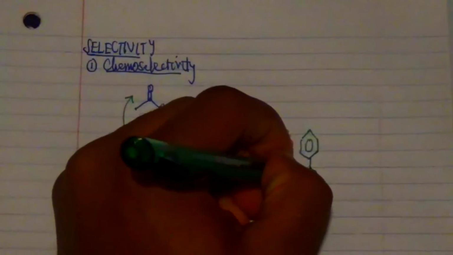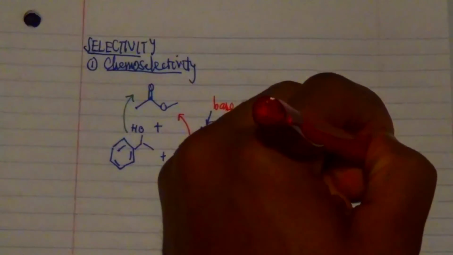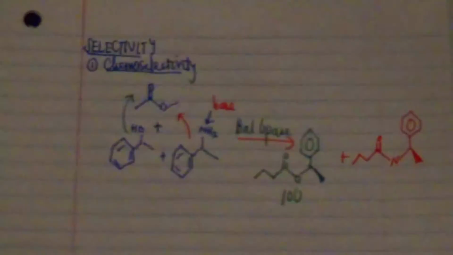And take note that I'm having this interesting stereochemistry over here, and we're going to talk about the stereochemistry part later on in this particular video. So this is our product, and we get 100% over here compared to the other product, which is just one compound being formed out of 100 compounds being formed from the particular hydroxyl interaction with this particular ester over here.